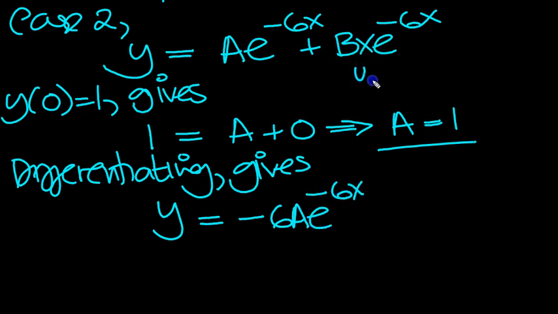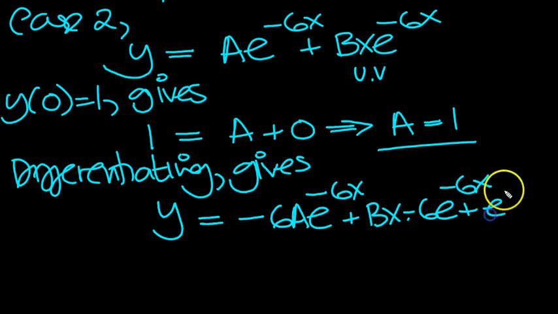And then this is a product, u times v, so it's u, and then we need to differentiate this, which is minus 6 comes down again, plus v, which is e to the minus 6x, times du dx, which is just b, isn't it? So we put a b lots of that at the end here.